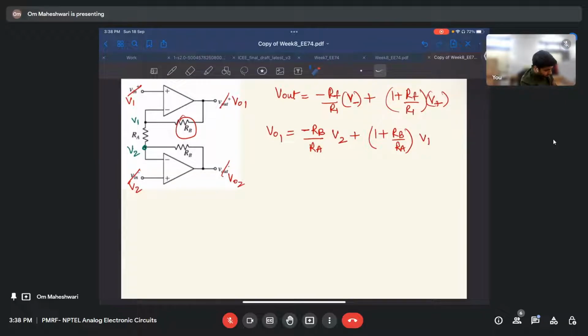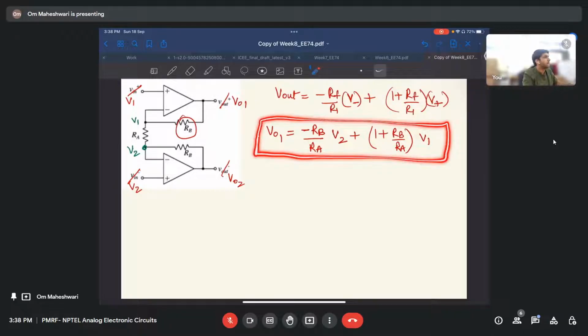So if you see here, V2 will be the voltage at the non-inverting terminal, and V1 is at the inverting terminal. Is this equation clear, or should I repeat? I got a bit confused earlier.